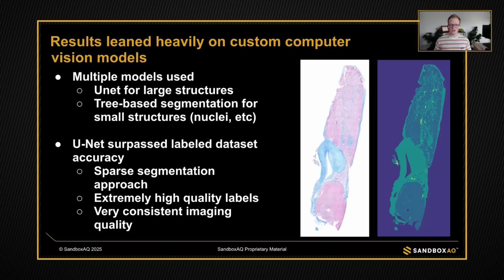We also used some tree-based segmentation to help us with really, really small and fine segmentation so that we could get large features extracted or segmented, like the vasculature, the nodes, but then we also were able to get down to the nuclei and segment individual nuclei from these tissues.